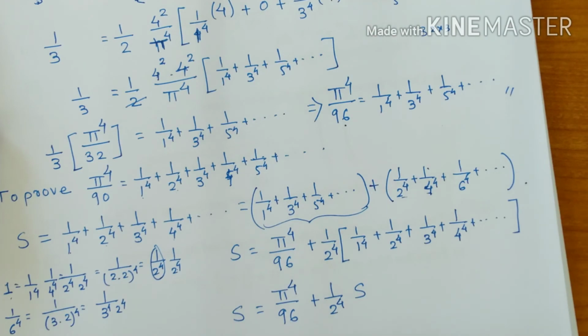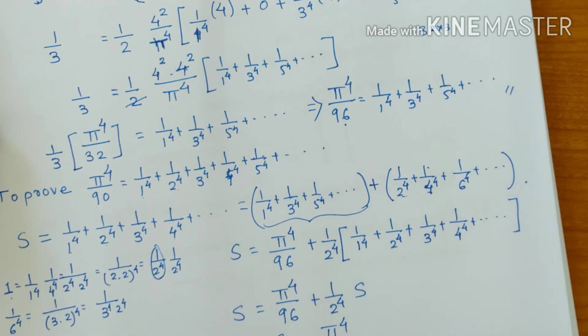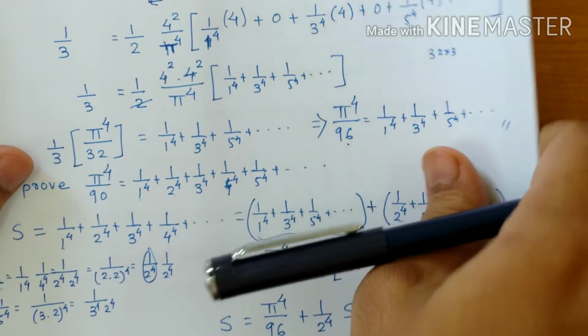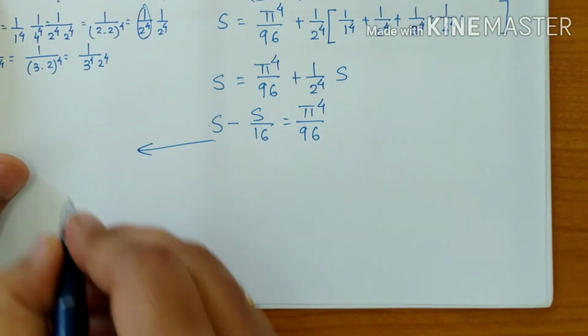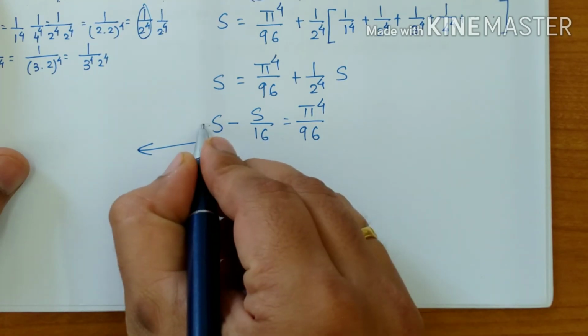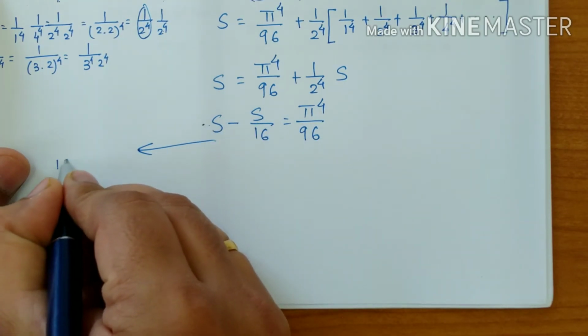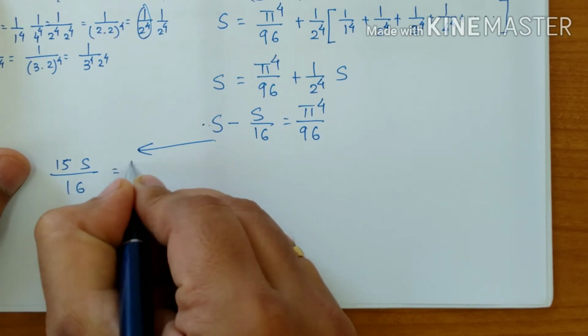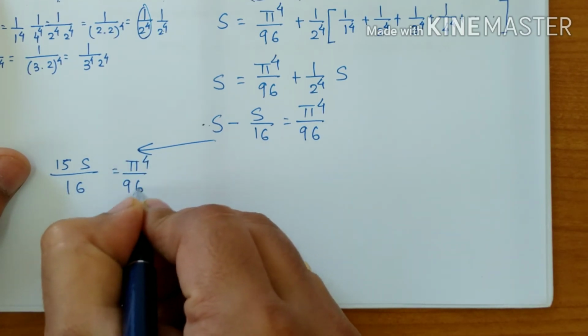So S minus S by 16 is equal to pi raised to 4 by 96. So 16S minus 1, that is 15S. So this gives us 16S minus 1. Yes, that is 15S divided by 16 is equal to pi raised to 4 by 96.